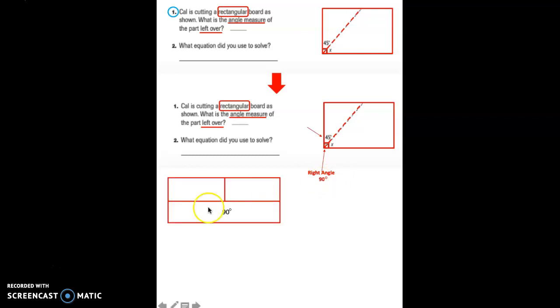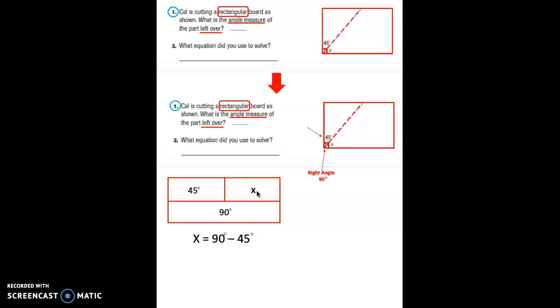I can use the information that I know to draw a bar model. I know the total degrees of my angle is 90 degrees, so that'll go on the bottom. I also know that one angle measures 45 degrees. And then I have my X for my unknown.